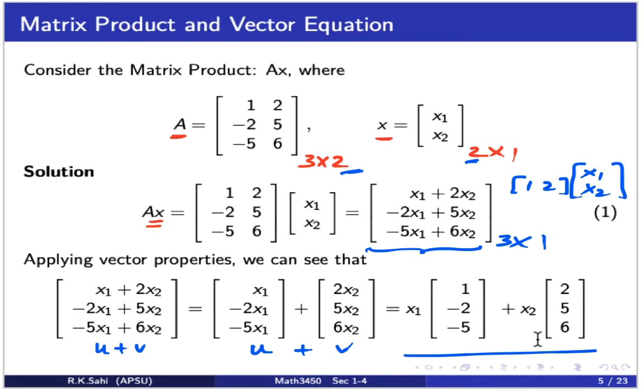Do you see that here? That's a very, very powerful thing we're noticing. So a matrix product is written as a linear combination. Suppose I say, this is column A1, and this is column A2.